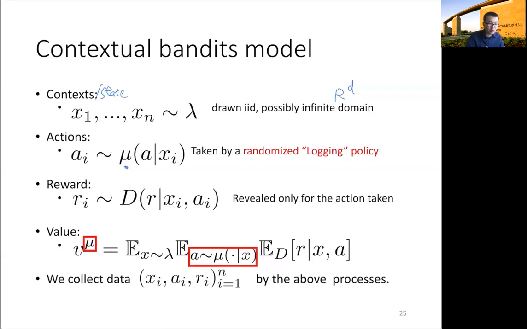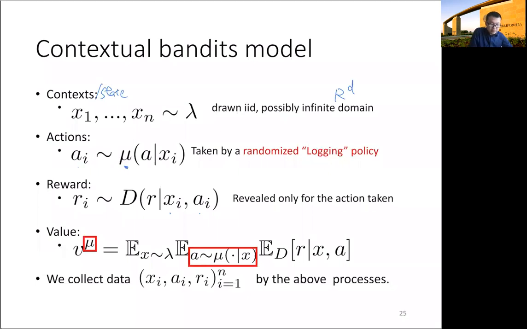This could be your recommendation engine, and this is the item that you recommend, and this is the feature of the web session and the user's profile and everything that you hire engineers to create with heavy-handed feature engineering, giving very informative features. And the reward is drawn from some distribution conditioned on the context and action. So this is the probability of whether this user will click or not click on this advertisement. If you click, you get a reward of 1, otherwise you get a reward of 0.